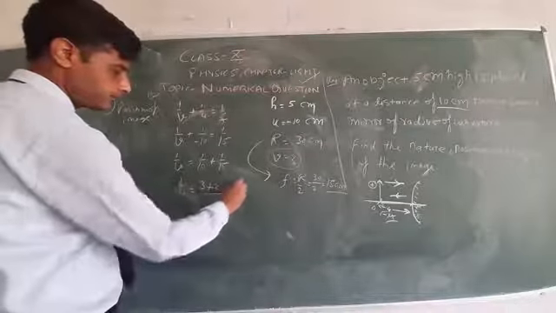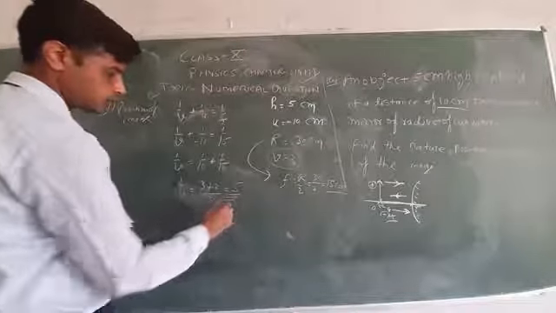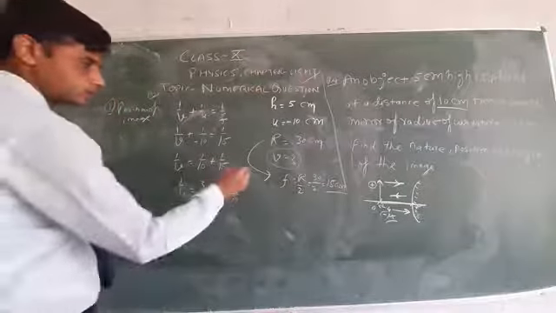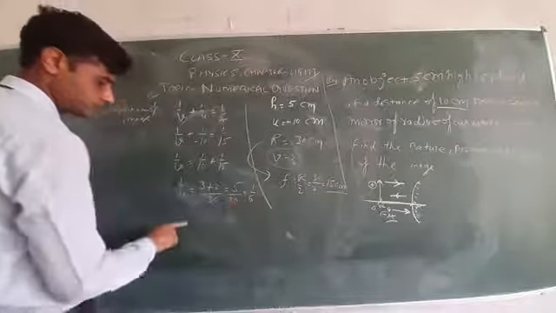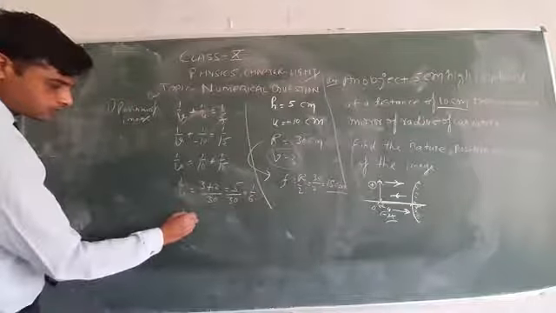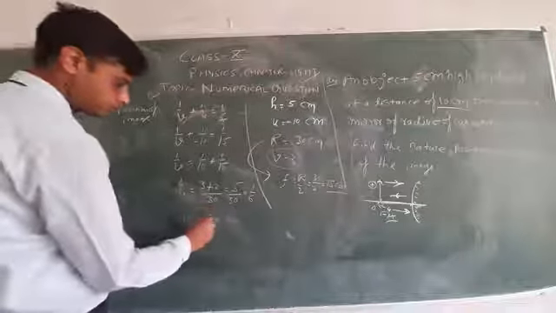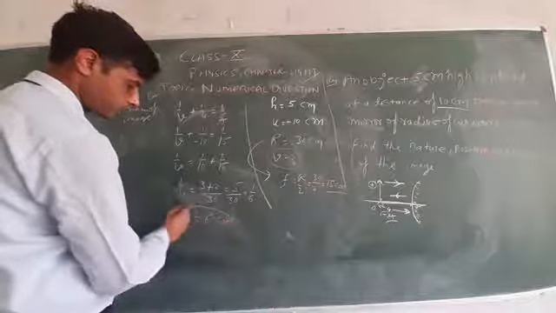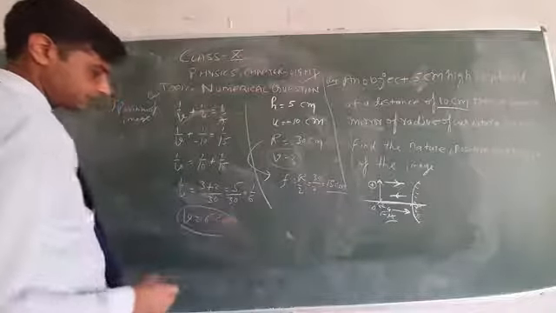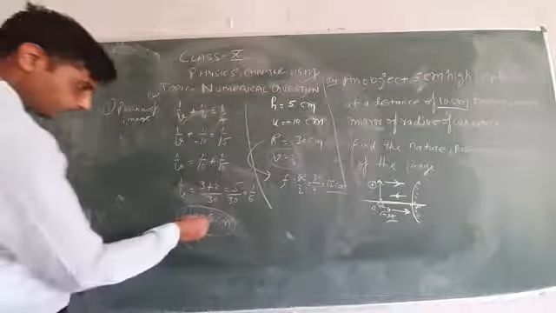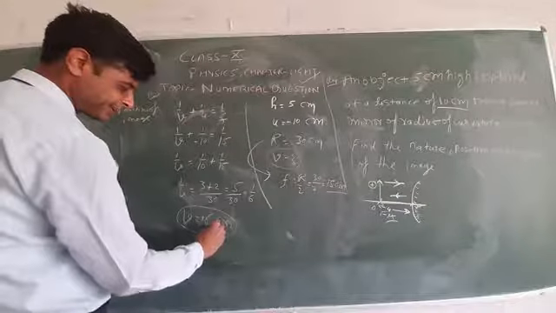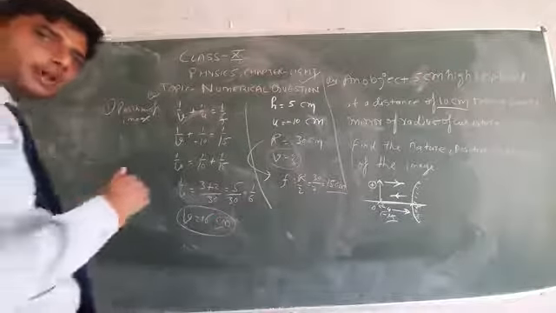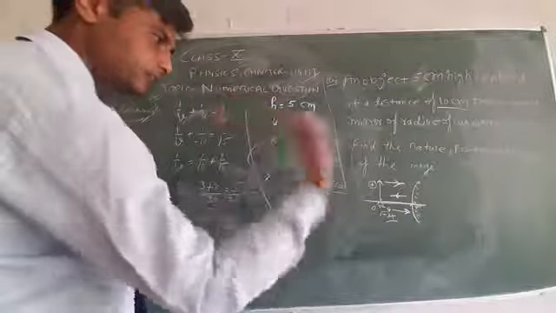It means 5 upon 30, so 1 upon 6. When you compare, v equal to 6 centimeter. So the position of image is 6 centimeter, and this is positive, you can see. It means the image is placed behind the mirror, on the right side.